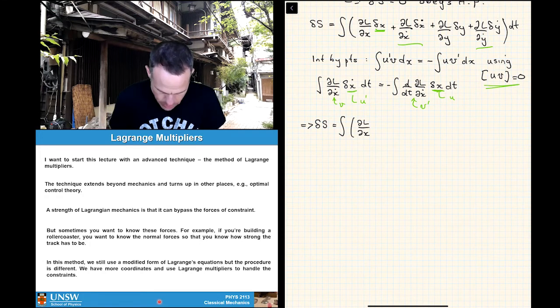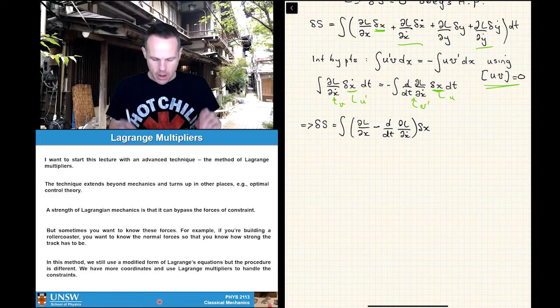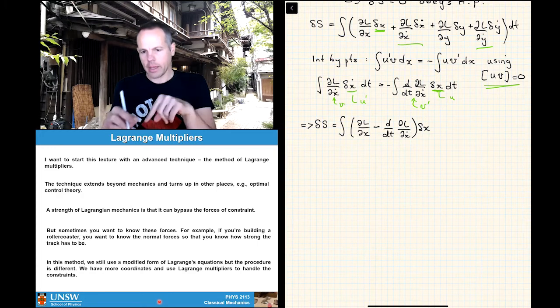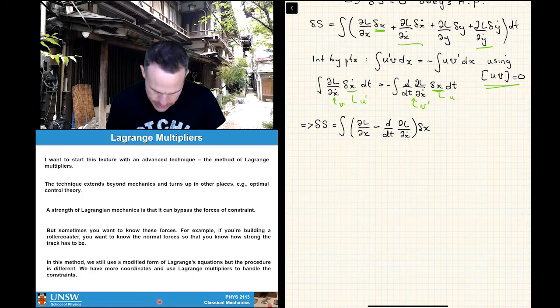So this is going to be minus d/dt of dL/dx-dot, times delta x. All I've done is put the minus sign in doing the integration by parts, and then carry the delta x out the end, dt, plus a second integral.